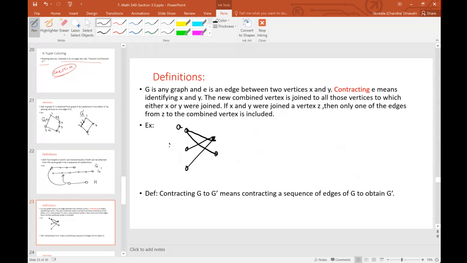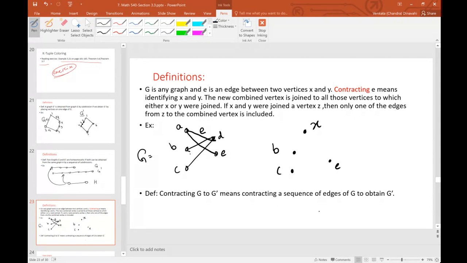Say I will call these vertices A, B, C, D, E. Now this is my graph G. Now I am selecting this edge e. What is the meaning of contracting this edge? That means you replace this A and D with a single vertex. I call that X. A and D are now replaced with one single vertex. Two vertices are gone, replaced by one, and B, C, and E are already there. The edges between B, C, and E will be there.